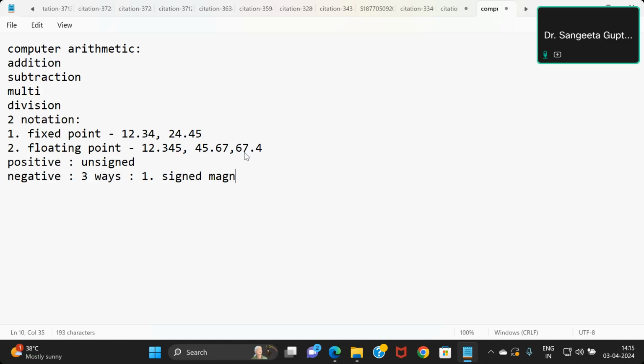The second one is signed 1's complement representation. And the third is signed 2's complement representation. So these are the three ways in which we can represent a negative number.